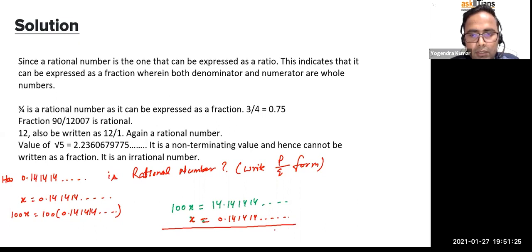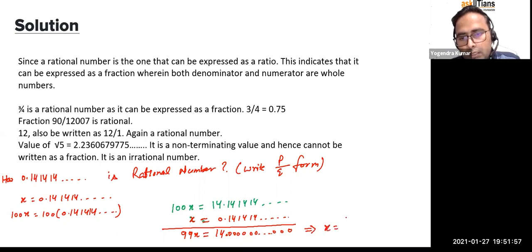So now I'm subtracting. From the unit place it becomes 0, and then 0.14 and so on, which is what we wanted, right? That is 99x here, and after the decimal point we have 00. We don't need to write the zeros after the point. So what do we get here?